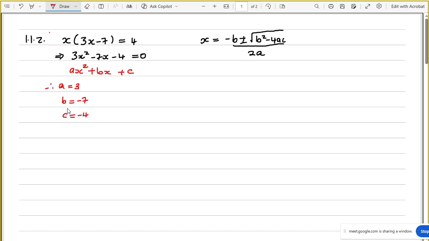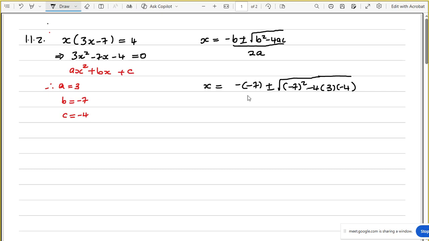The reason I need you to write all these values down is that there is a mark for the substitution. In most cases, they'll give you a mark for the correct substitution. So x will be minus into b, which is minus 7, plus or minus the root of b. What is b? b is minus 7. This is squared. And then we minus 4 into the value of a times the value of c.